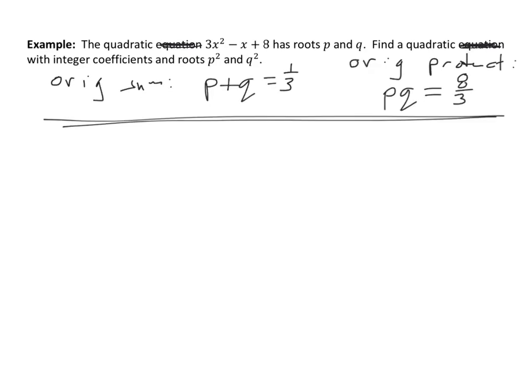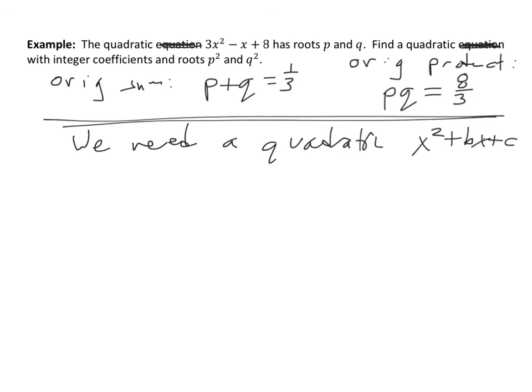Now let's look into our new polynomial. We need a quadratic x squared plus bx plus c. Just like before, I'm going to ignore the leading coefficient because I'm just going to let a be 1. So I need a quadratic x squared plus bx plus c with roots p squared and q squared.